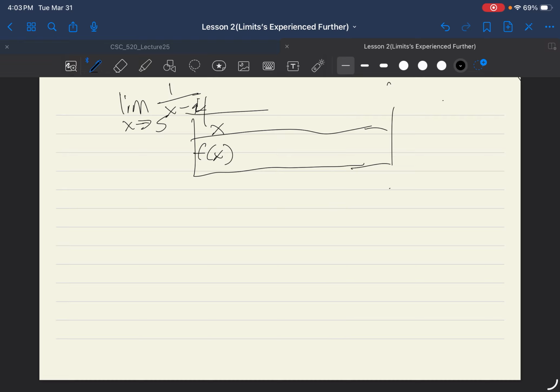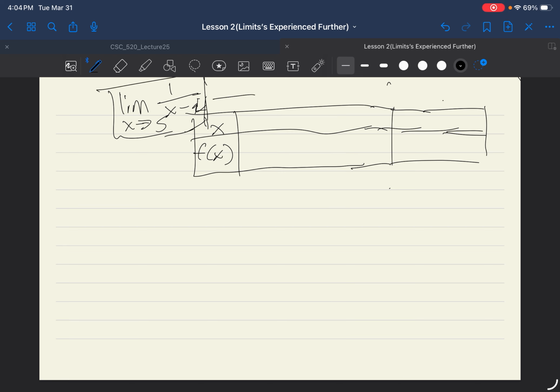Now, usually I don't like to draw tables. I usually like to do it in my head, but that doesn't work for everyone, so you have to pick your style. Just to clarify, we're trying to use this table to find this limit.